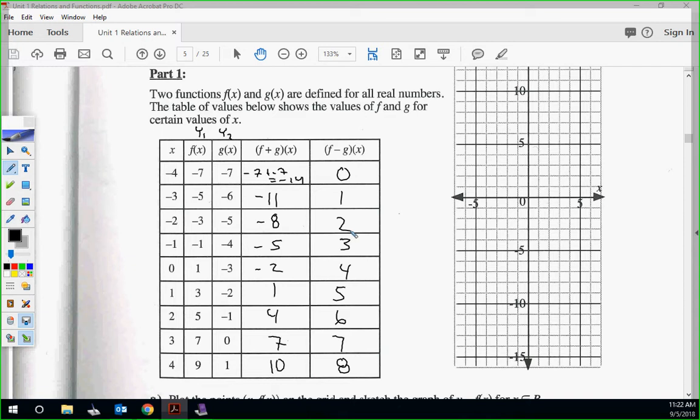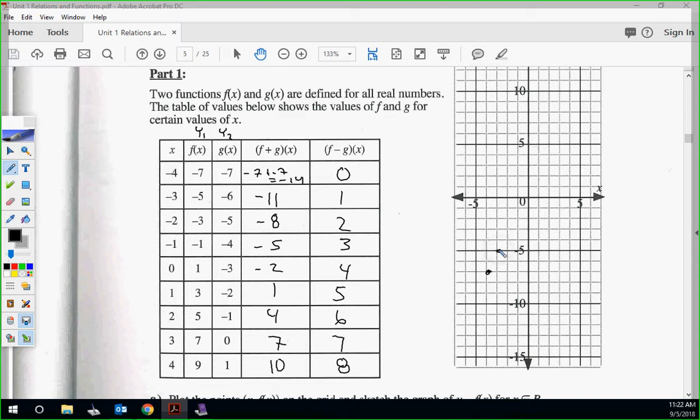So there they are. It says plot the points of x, f of x. So we're going to plot those points. So that's these points. So -4, -7, excuse me. Right here. And -3, -5.